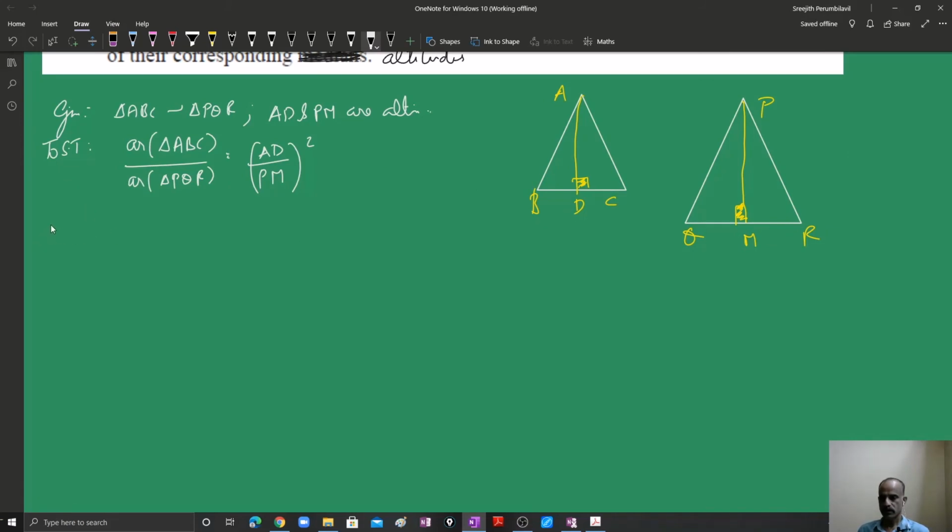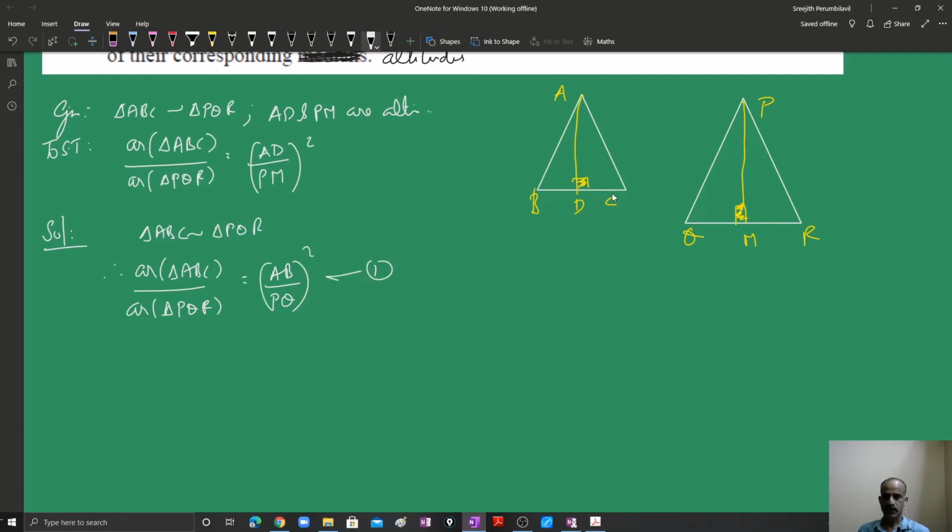For the proof part, we have that triangle ABC is similar to triangle PQR. Therefore, area of triangle ABC by area of triangle PQR is equal to AB by PQ whole square.